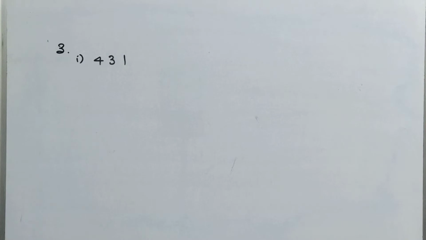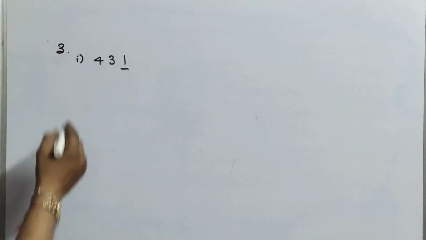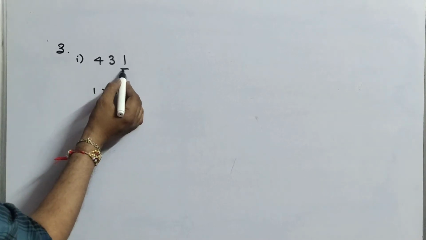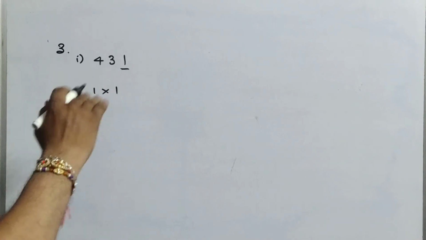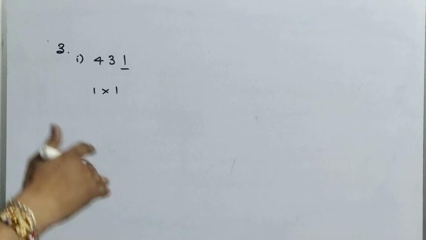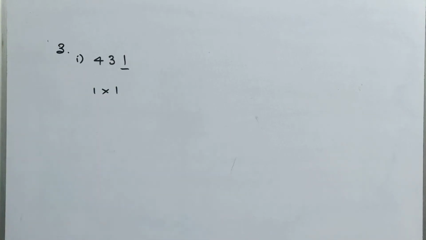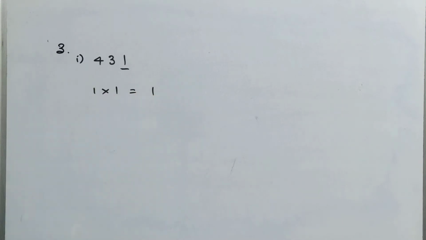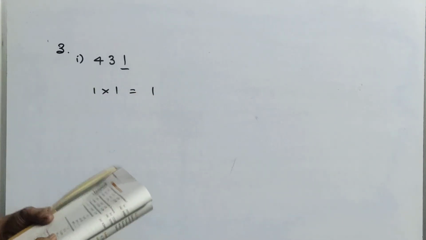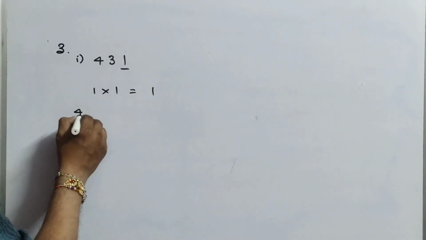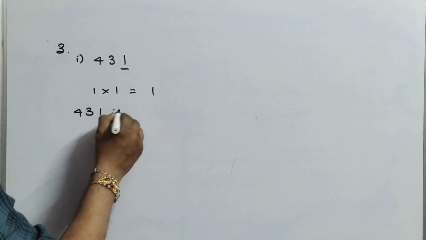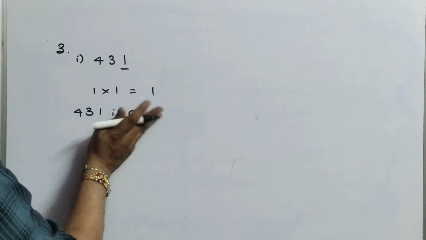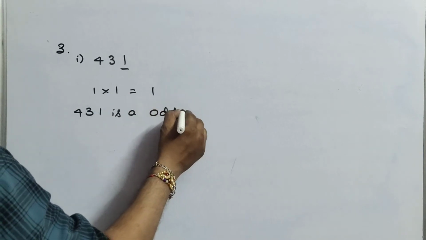Take the units place, 1. If you do the square, you multiply the units digit by itself. So 1 into 1 is 1. Is 1 an odd number or even number? Odd number. So that means the square of 431 is an odd number.